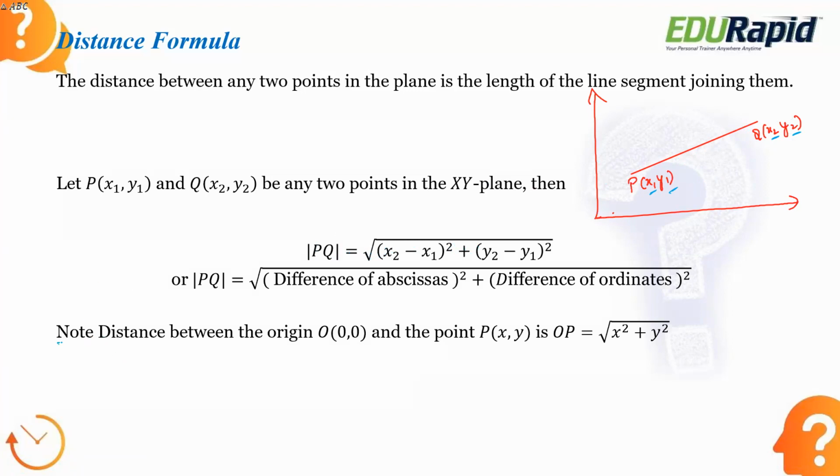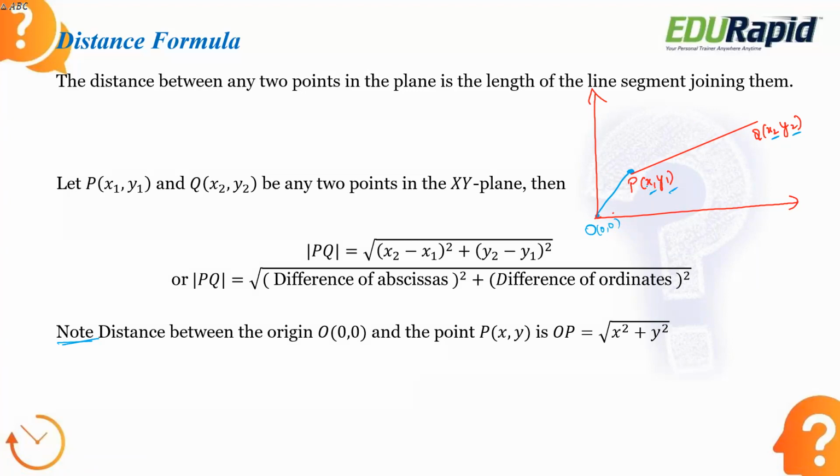Suppose the distance is between the origin and a point P. Instead of considering it like this, we take the origin as one point and the point P here. OP, what would be the distance here? You already know the origin's ordered pair, or the coordinates, would be 0, 0. So what would be OP?